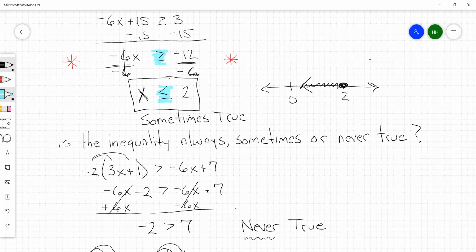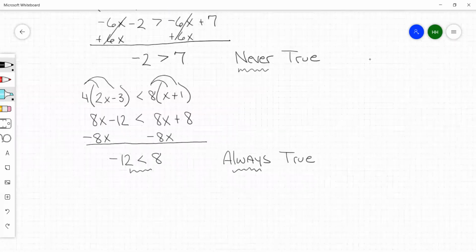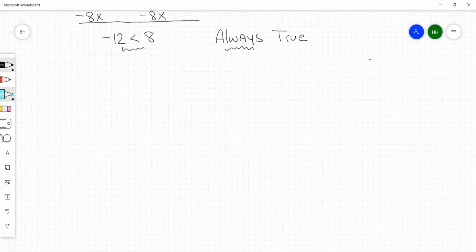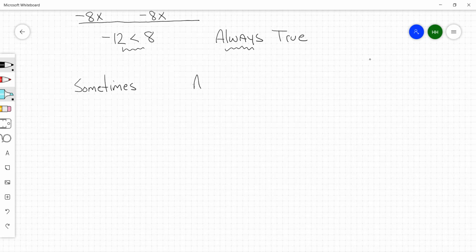So, to make sure you completely understand this, we're going to do a little chart. Okay? So let's do it. We'll do sometimes, we'll do always, and we will do never. All right, examples of sometimes, examples of always, and never.